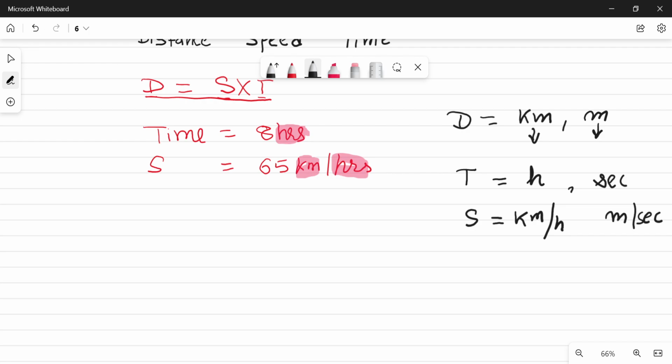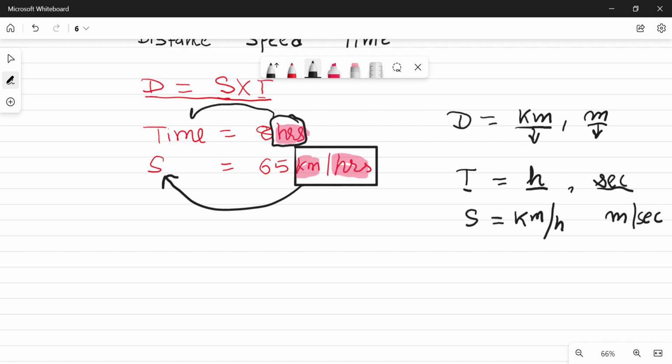So from here we can see the unit of distance is kilometer or meter, and the unit of time is hours or seconds. And if kilometer per hour is written, this means speed is given. If only hours is written, this means time is given.